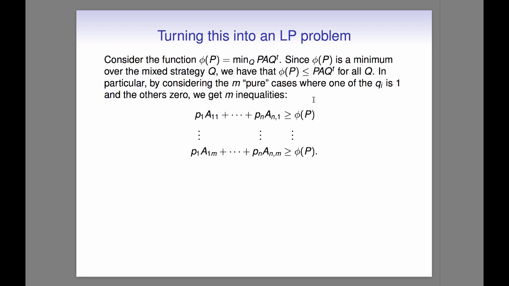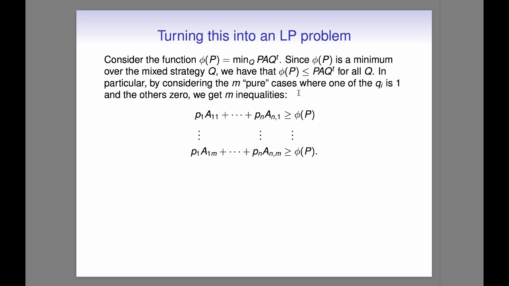Now, since phi p is the minimum over all possible choices of q, we have that phi p is less than or equal to PAQ transpose for all possible values of q. In particular, if we look at the q values which correspond to the pure states, then we get certain inequalities.